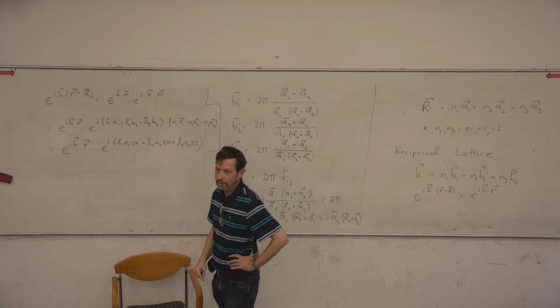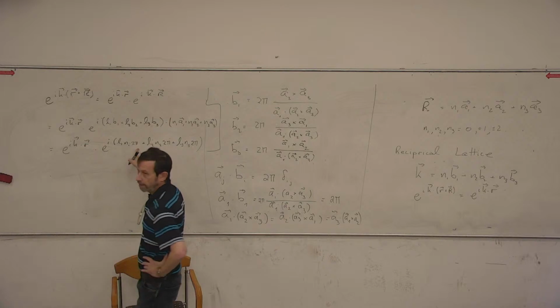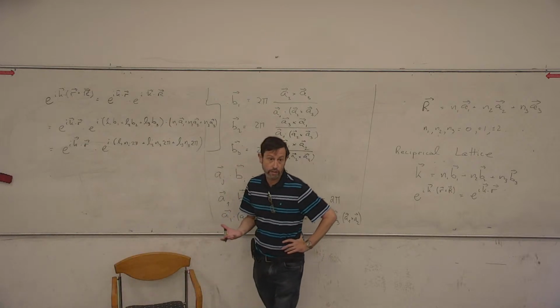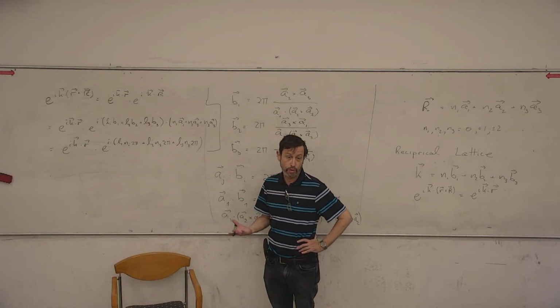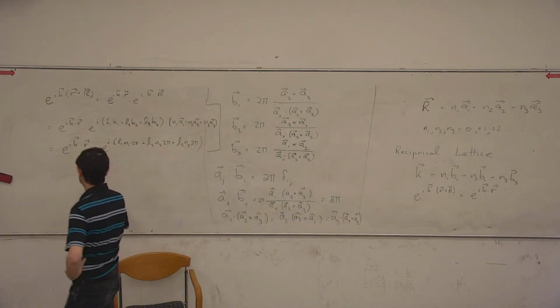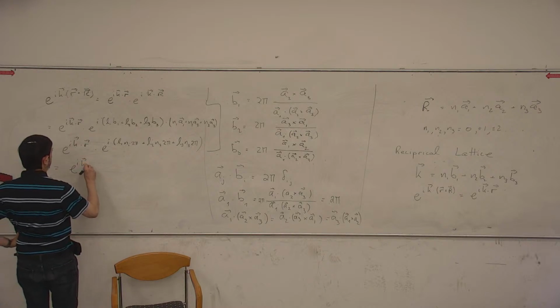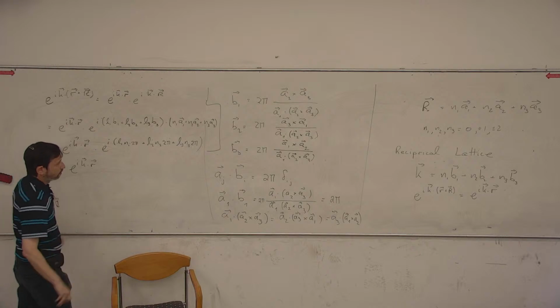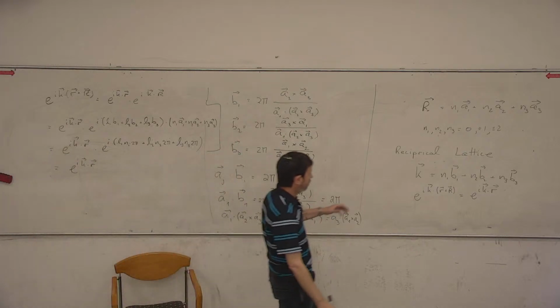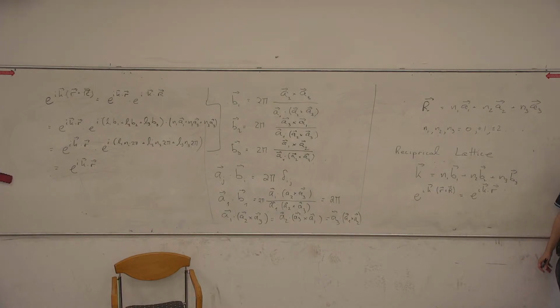And since this is a multiplication of 2 pi by an integer, it's equal to 1. So my definition of the vector k, the reciprocal vector, gives me what I want.